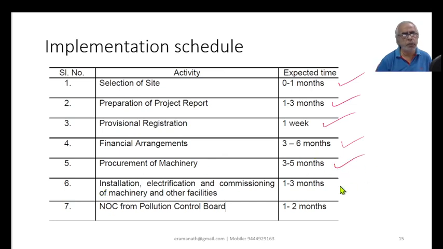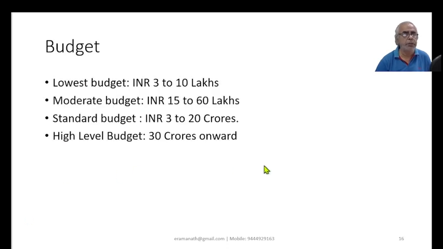Then we need to procure the machinery within 5 months, and we will install the required machineries and other setup, electrification, then commissioning of machinery, all other facilities, and that will happen within 3 months. And finally, we should get the no objection certificate from Pollution Control Board. So all these are very, very important in the implementation stage.